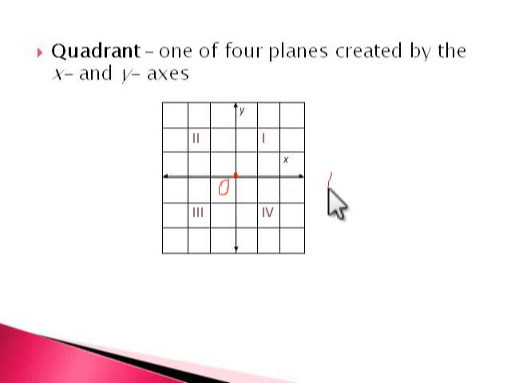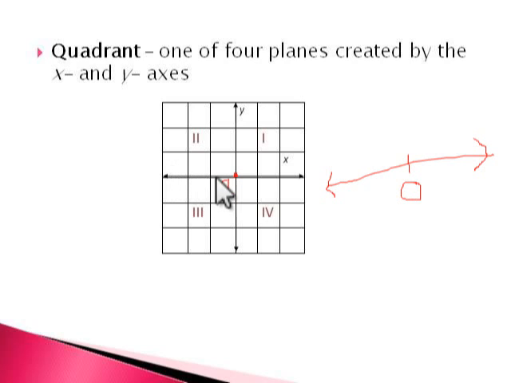Now, just like if we had a number line out here all by itself, from 0, what's on the left side? The negative numbers. So from 0, we have -1, -2, -3.